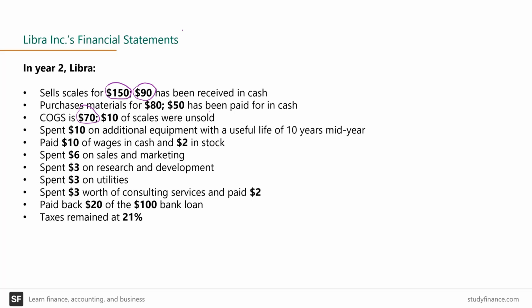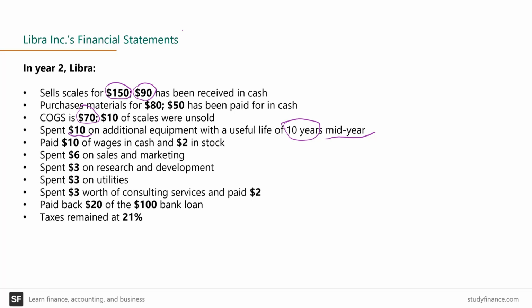So since we produced more scales given the increased demand, we had to spend $10 to purchase more equipment. So this equipment was acquired mid-year and also has a useful life of 10 years.